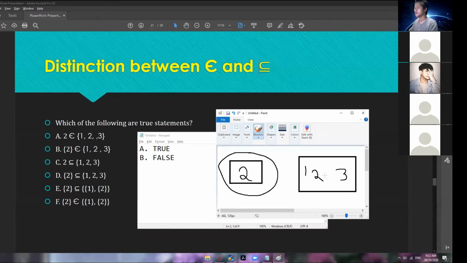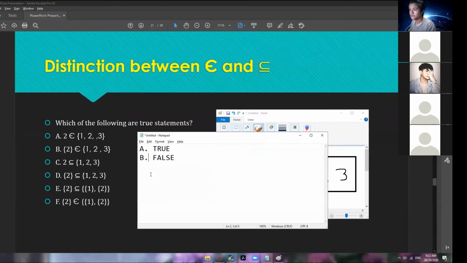On the other side, it's just a set that contains 1, 2, and 3. If the other side were also like this, with our 2 enclosed in a set, then we could see that letter B is true. Okay? I hope this one is clear.